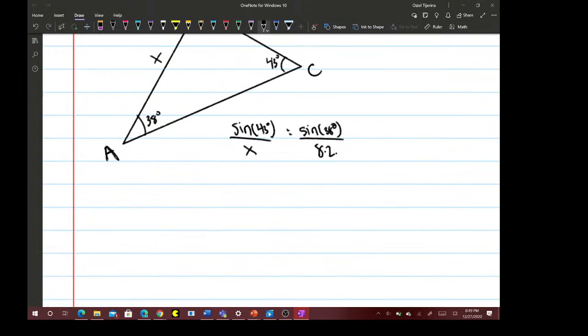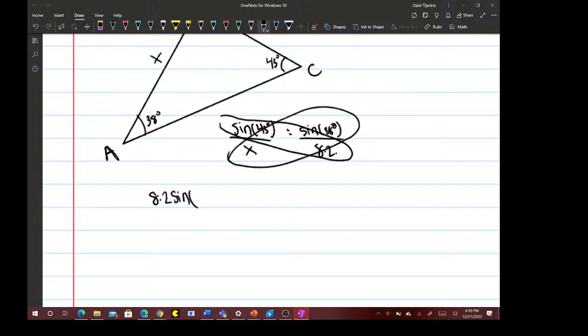And so we would do cross multiplication. It would be 8.2 sine of 43 degrees equals x sine of 38 degrees.